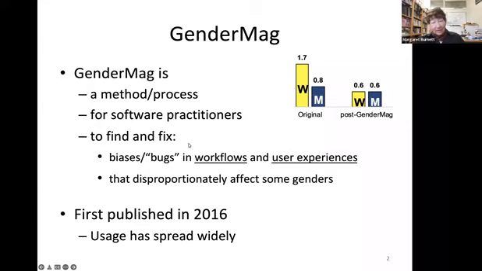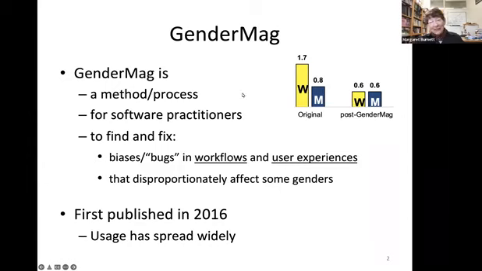And what they're trying to evaluate it for is to find what we call inclusivity bugs. Basically, these are biases in the actual workflows and user experiences of the users sitting in front of it. And they're looking for things that disproportionately affect some genders more than others.